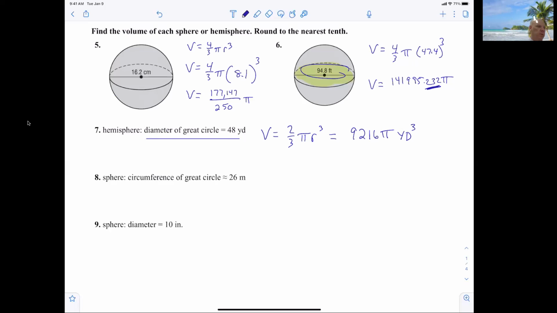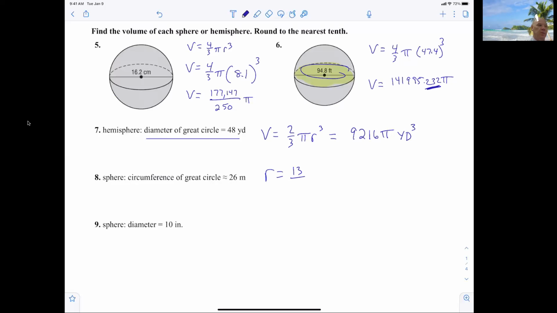Okay. So now we have the circumference is 26. Therefore, the radius is what? If the circumference is 26, the radius is... What is it? 13 over what? 13 over 2 pi.